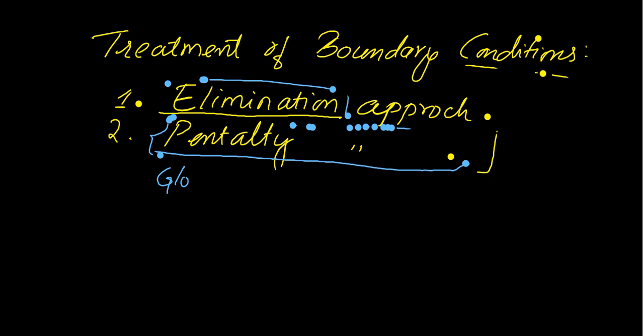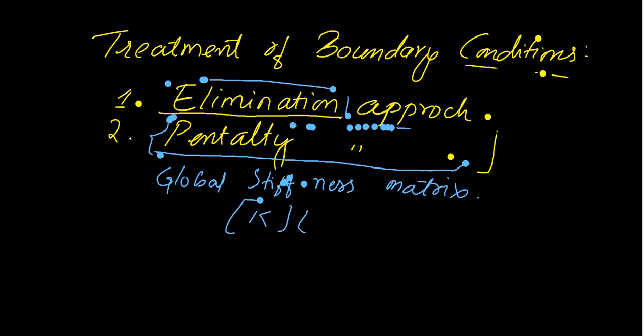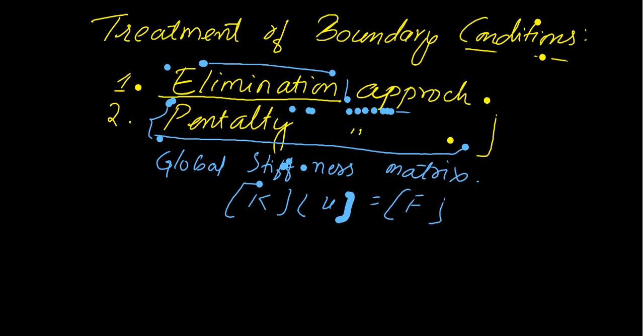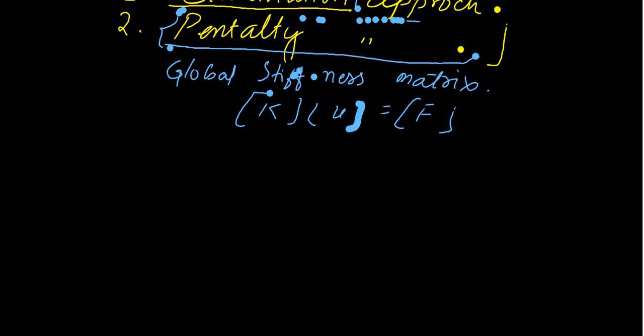In the global stiffness matrix, which you have calculated as K U equals F, this is the finite element equation for a 1D bar element.